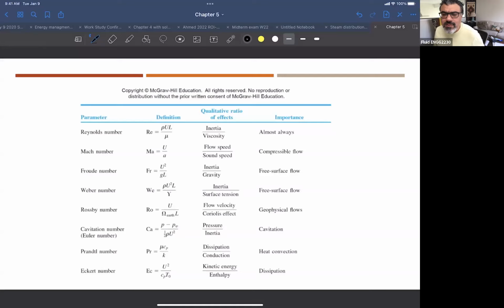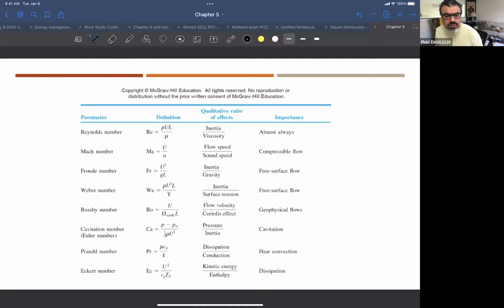And I have to tell you something I didn't say before: people are not just combining groups haphazardly, right? I told you the Reynolds number is rho VD over mu. It's a very common number in fluid mechanics. And when you look at this ratio, rho VD over mu, you will end up understanding the physics inside this.